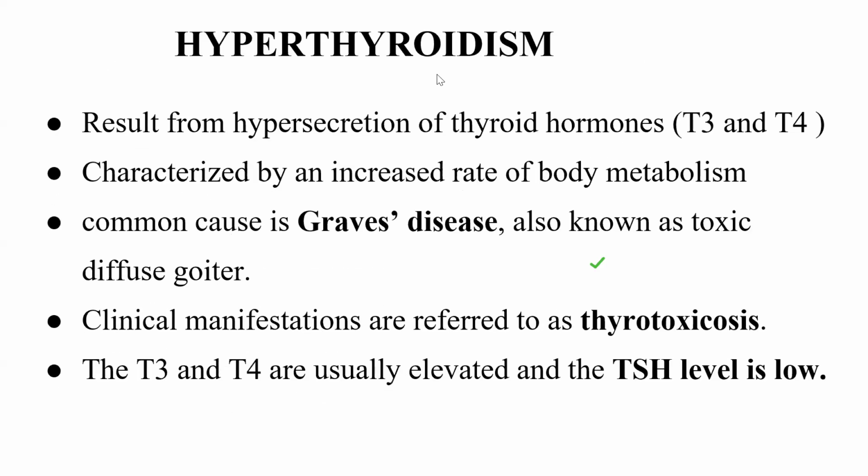Okay, so hyperthyroidism results from hypersecretion of thyroid hormone, and it is usually characterized by increased rates of body metabolism. For hypothyroidism, there's a reduced rate of metabolism, but for hyperthyroidism, the rate at which the body breaks down glucose, protein, and so on, into ATP that the body needs for energy is faster than the body can match.